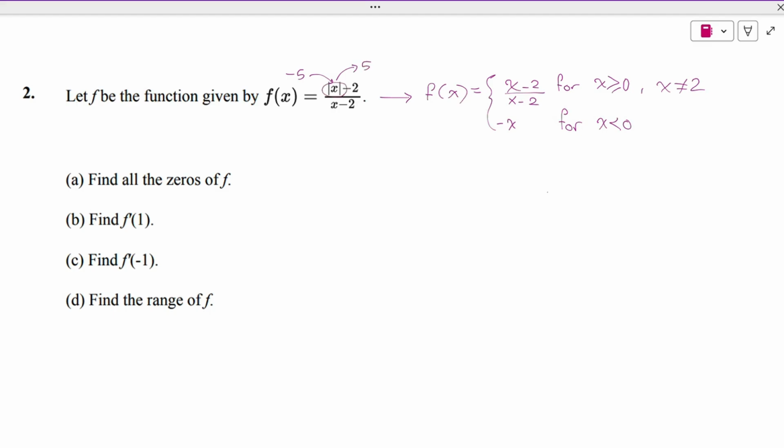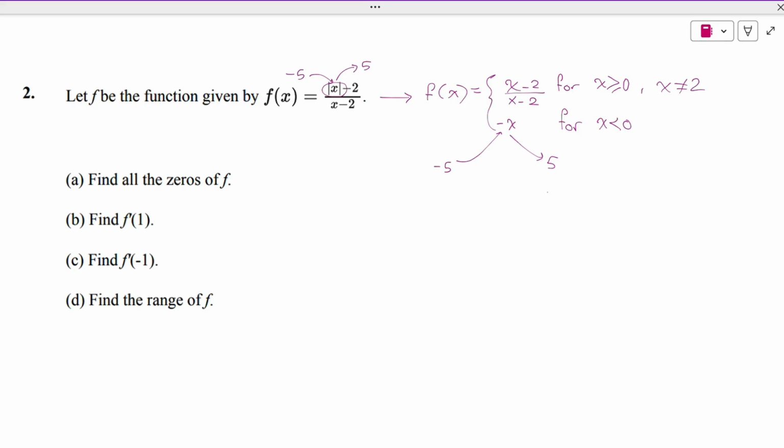I'm referring to the absolute value only. If x is equal to negative 5, and there is a negative x, negative 5, the output will be 5. So for any negative number less than 0, the absolute value of x is the same as minus x.